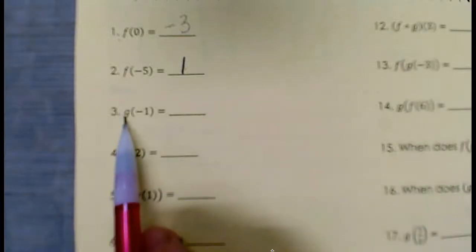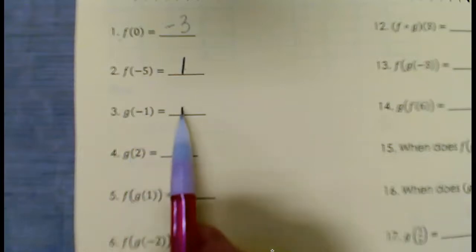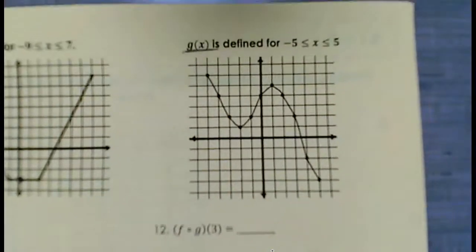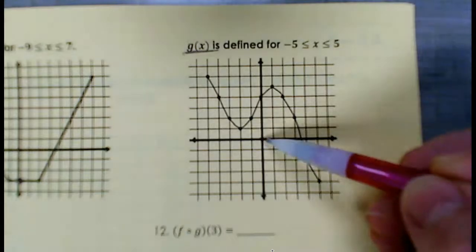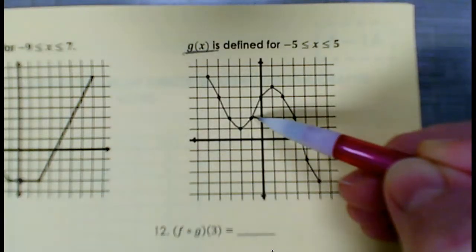This tells me go to the graph called G, and an x value of -1, and what's the y value? On the graph called G, x value of -1, the y value is 2.